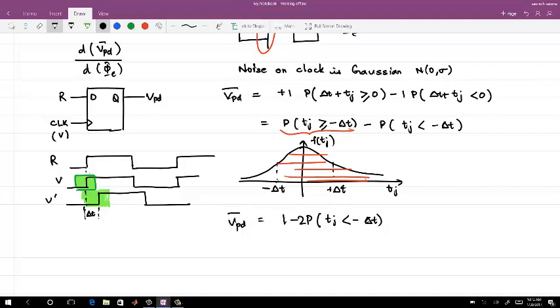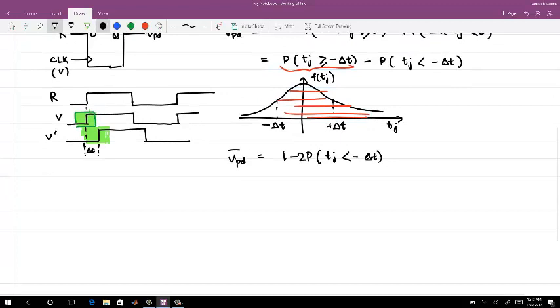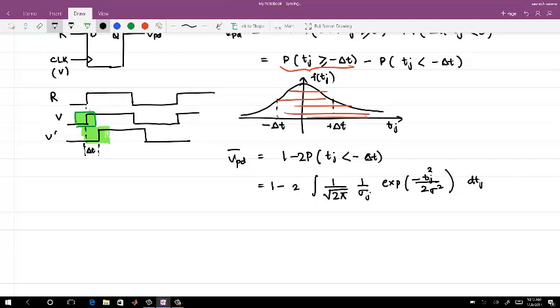Now you can write it in terms of error functions. If I just write this one, this will be 2 times the Gaussian expression, integrated from minus infinity to minus delta t.